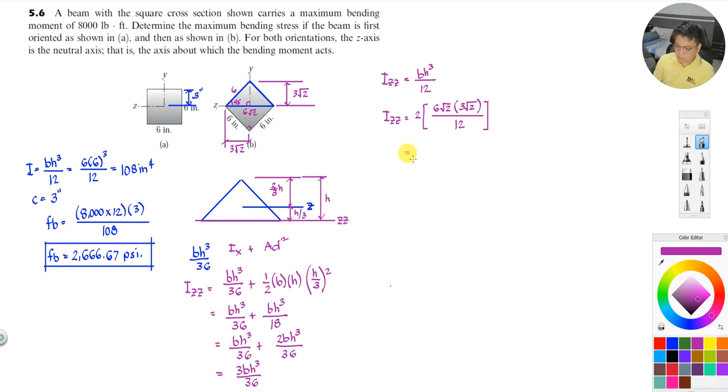So 2 times 6 square root of 2 times 3 square root of 2 multiplied over 12. Okay, so you can have it as 6. Tama ba? BH cube. Sorry, that should be H cube. Oops, cube.